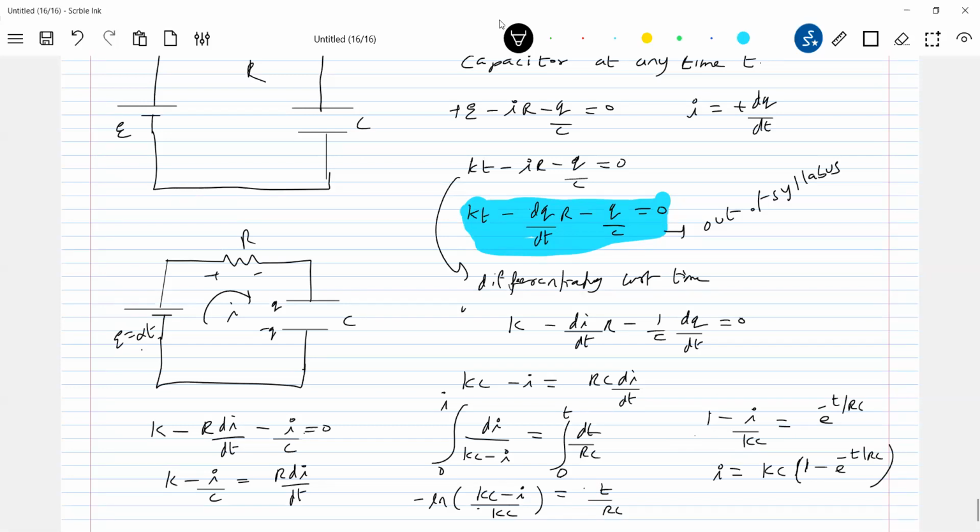Here also the current will increase exponentially. In the earlier charging circuit, the current decreased exponentially. But look at here now. The current in fact will increase exponentially with the time. Then the current will become constant after a long time.